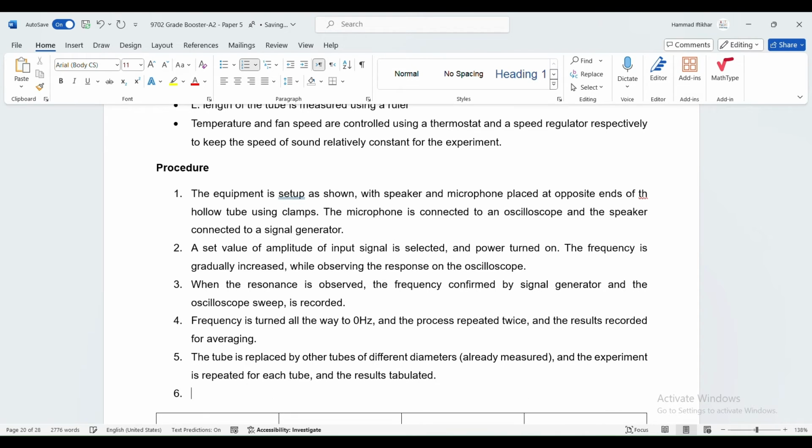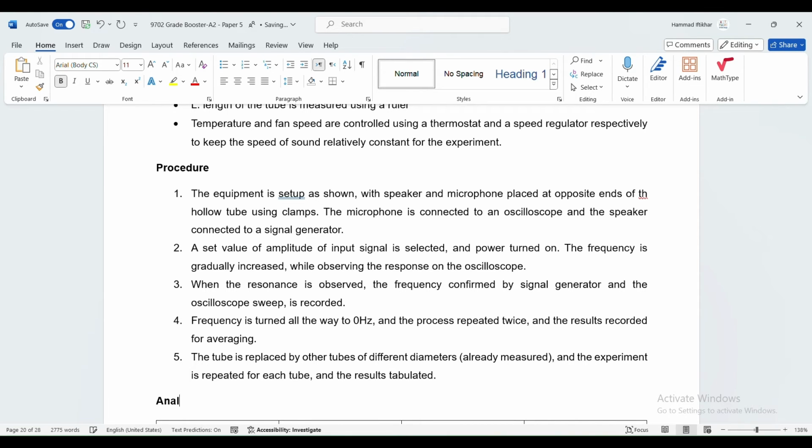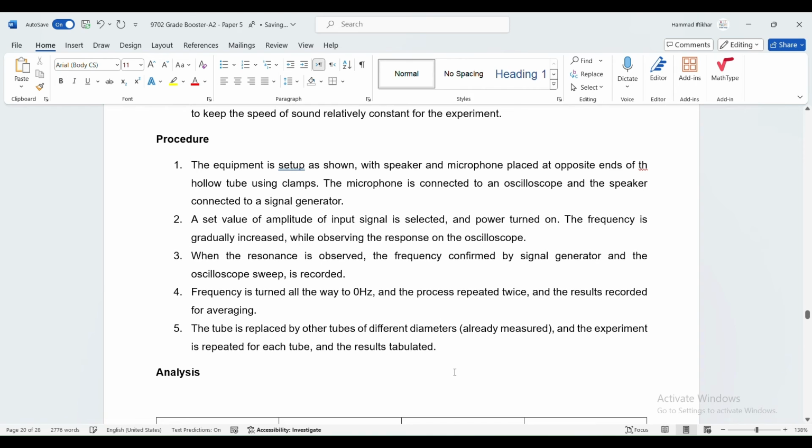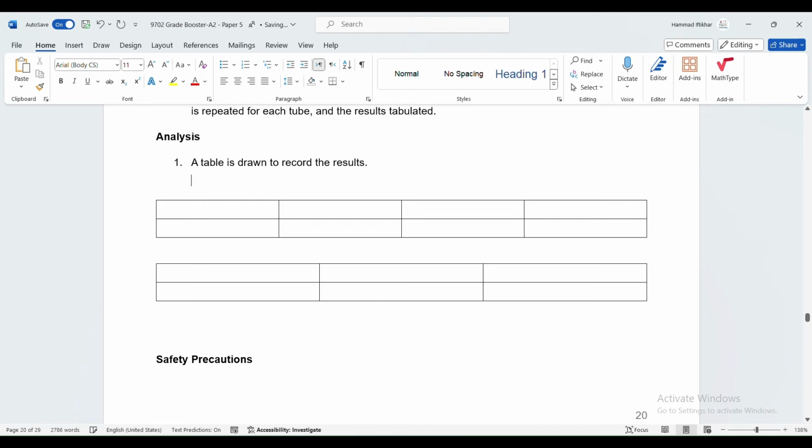Okay, now moving on to the analysis. This was a basic procedure. Now the analysis. A table is drawn to record the results. So how will the table be drawn?